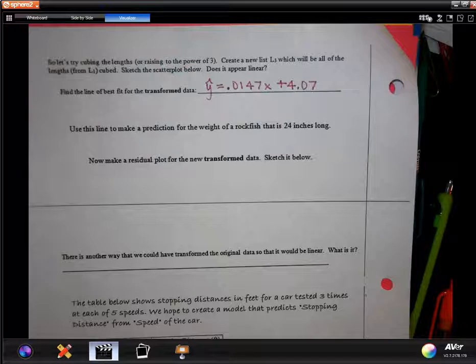Four inches long. No. I didn't know where I was going. 24. Okay, let me do this in my head. Oh, okay, good luck. 24.